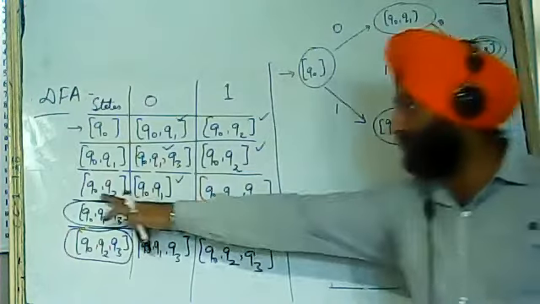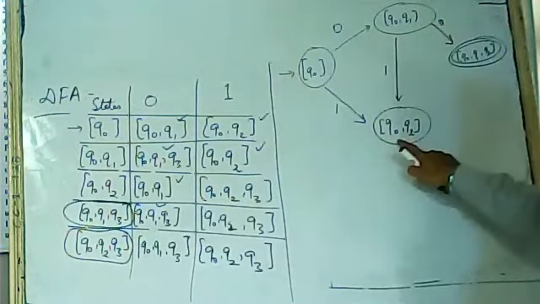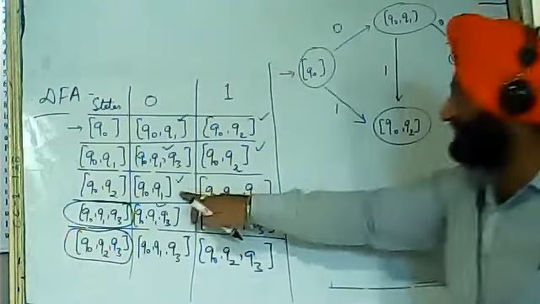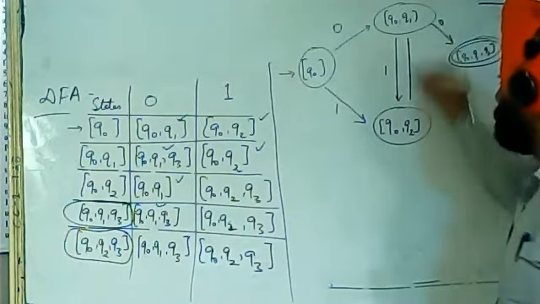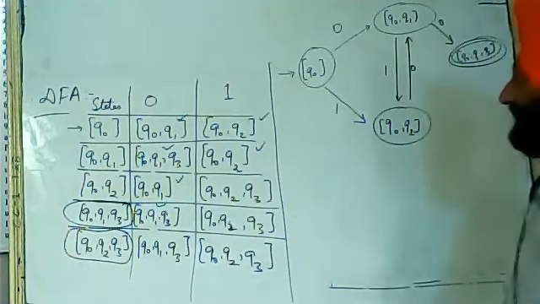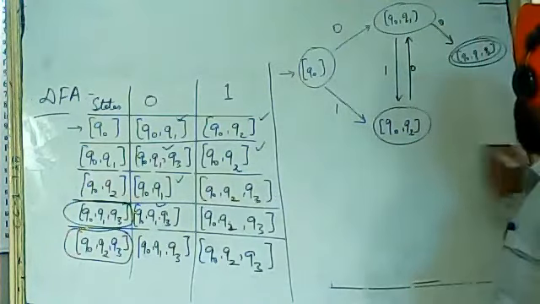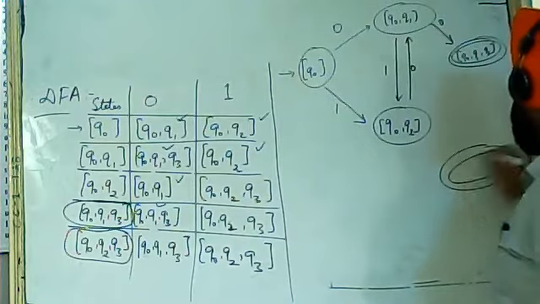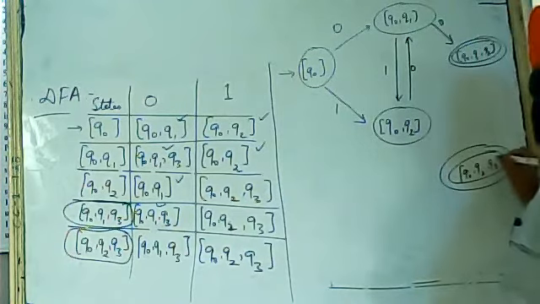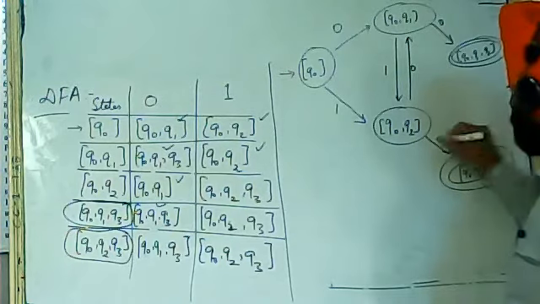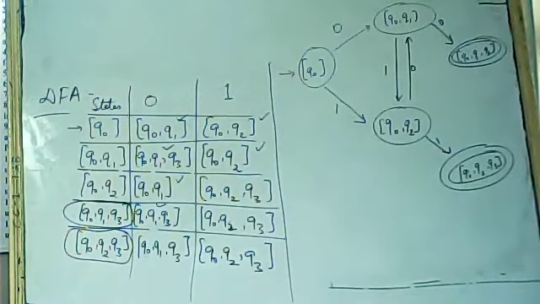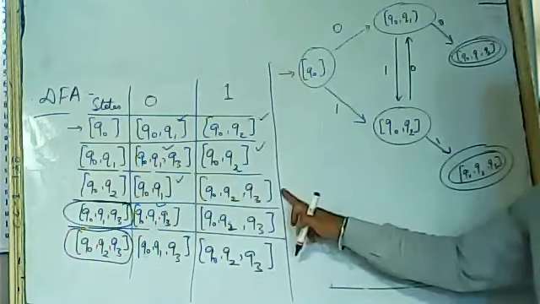Next, the turn for [q0, q2]. Upon the processing of 0 it is going to this state, and upon the processing of 1 it is going to a new state, that is [q0, q2, q3]. So 3 rows have been completed.